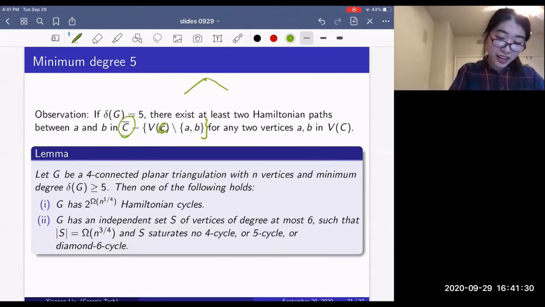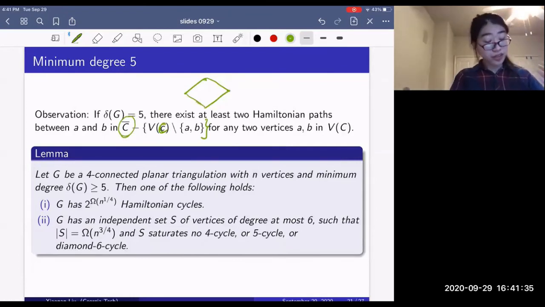So if delta G equals 5, we cannot have a vertex of degree 4. Then for each separating 4-cycle, we can find at least 2 Hamiltonian paths between these two vertices, or these two vertices, or other cases.